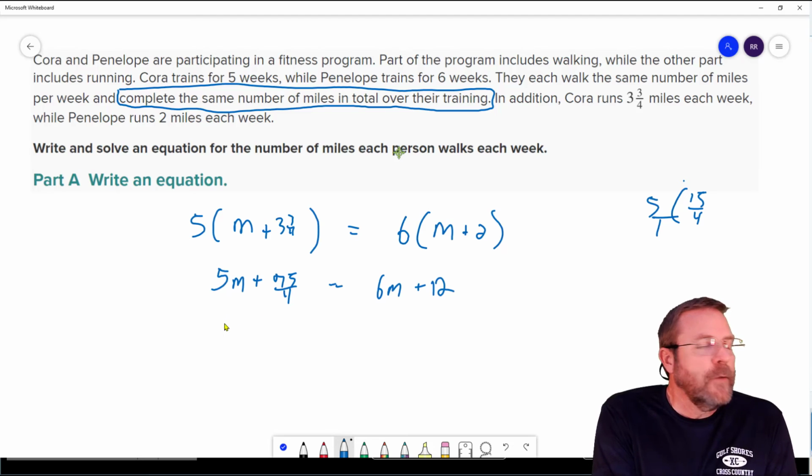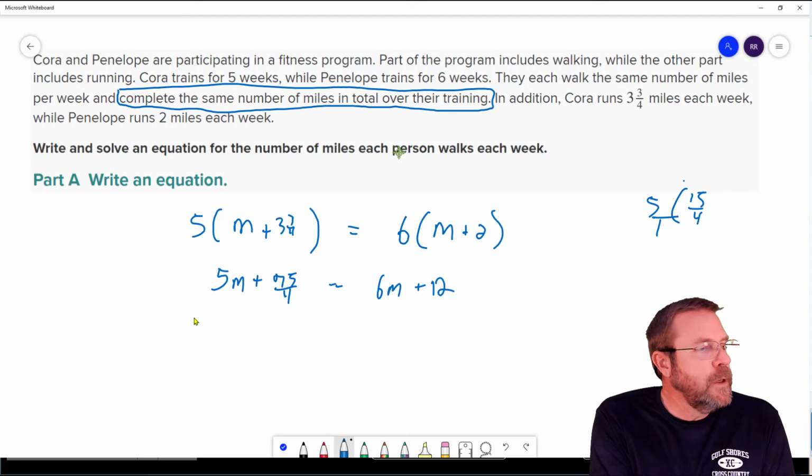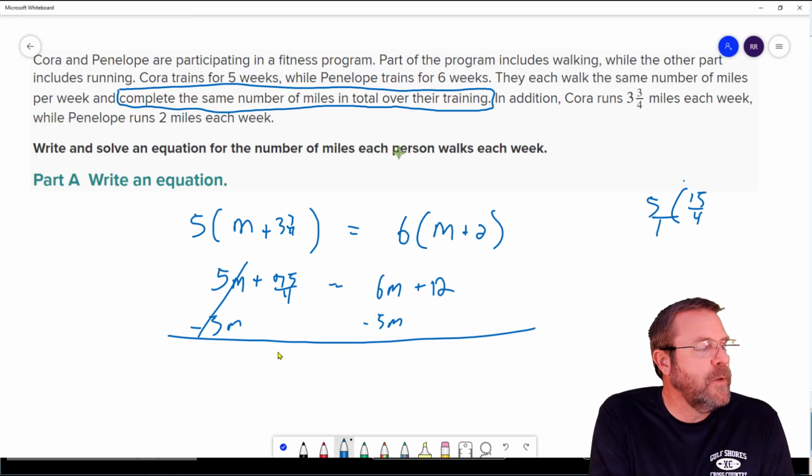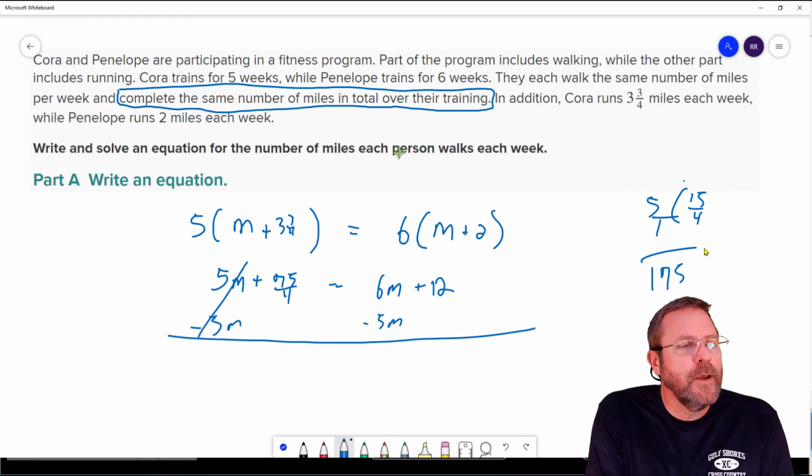Now, from there, I've got to start getting my variable numbers together. So I'm going to subtract 5M from both sides. And when I do this, those zero out, and that's going to leave me with 75 over 4. I think I'm going to go ahead and change that back into a mixed number. So 75 divided by 4, that's going to be 16 with 1 left over.